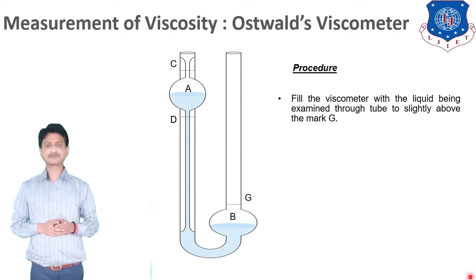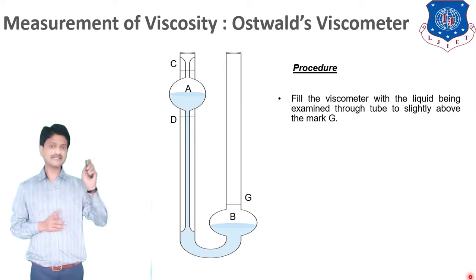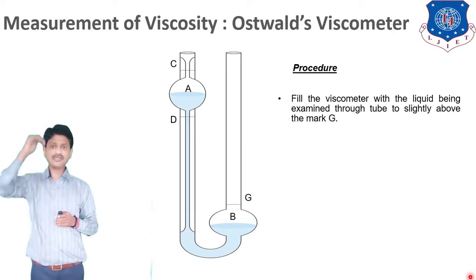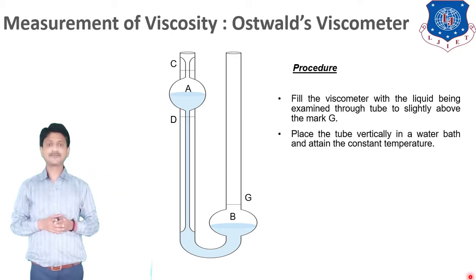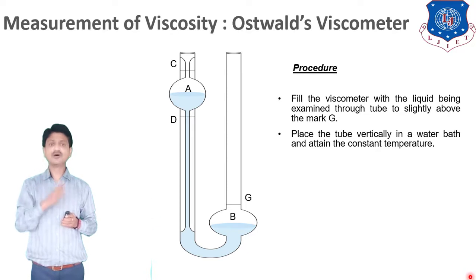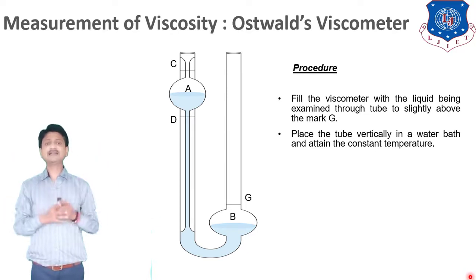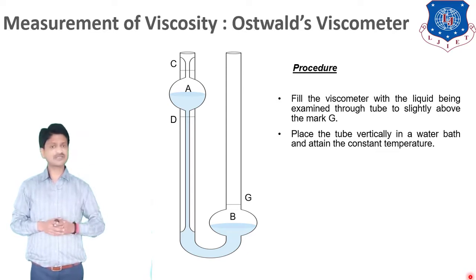Fill the viscometer with the liquid being examined through the tube to slightly above the mark G. You can see in the figure, we have to fill that tube with the liquid up to the mark G. Now place that tube vertically in the water bath and obtain the constant temperature. So this is the first step of the procedure.